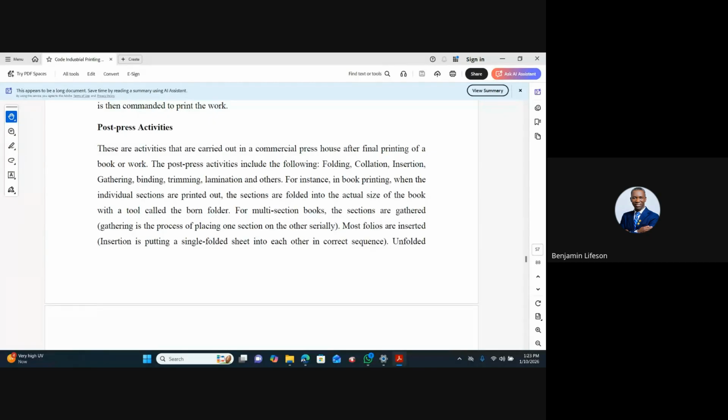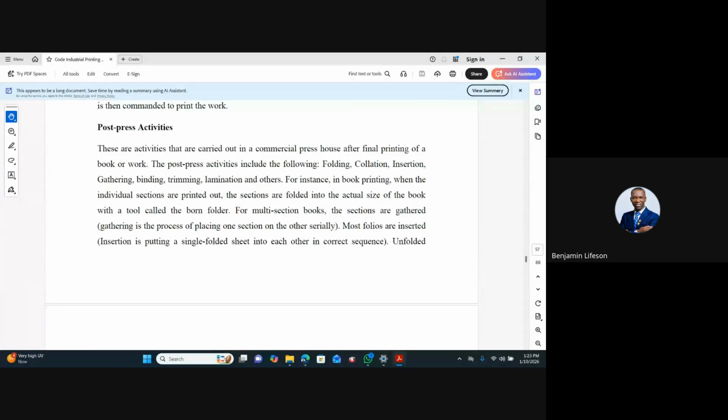Now, we want to look at what gathering is. Someone asked, what's the difference between gathering and collating? So now both are processes of assembling. Take note of that.